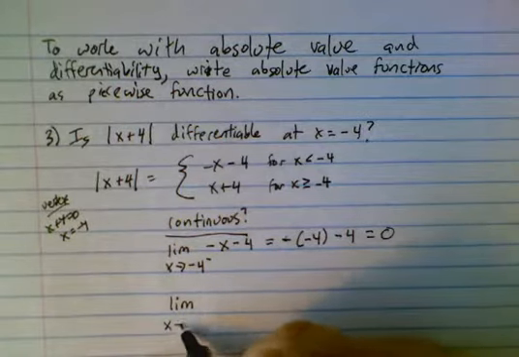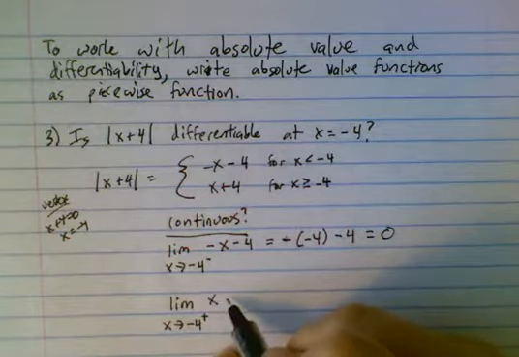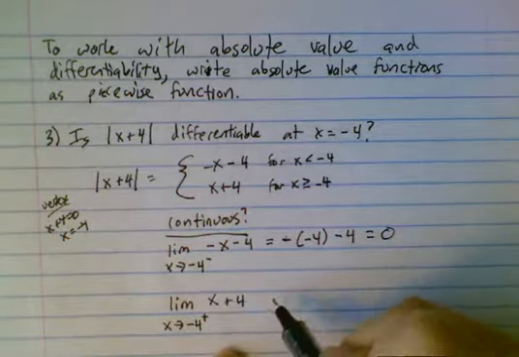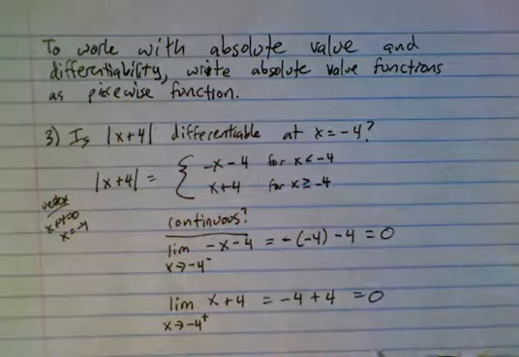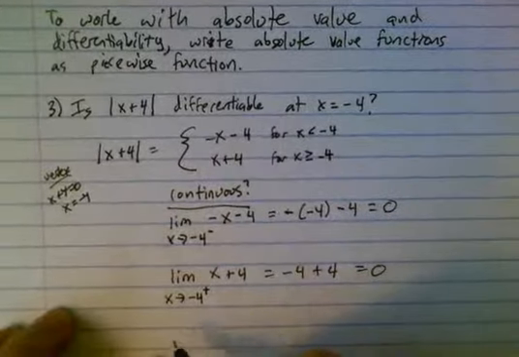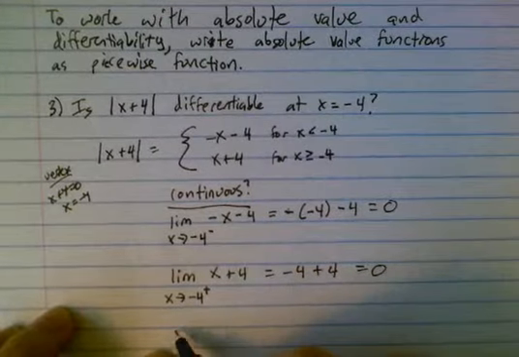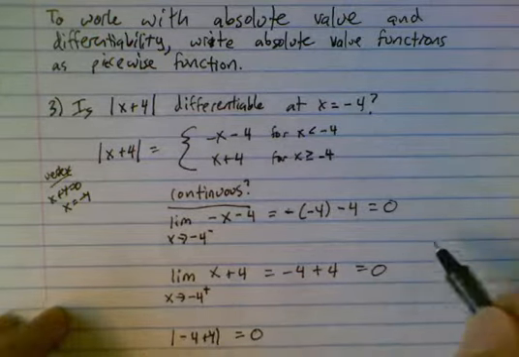And then the right limit, and then the value, so absolute value of negative 4 plus 4 equals 0.